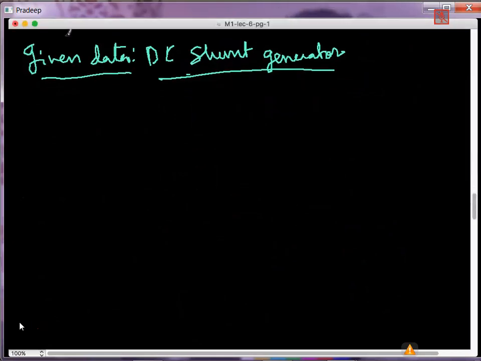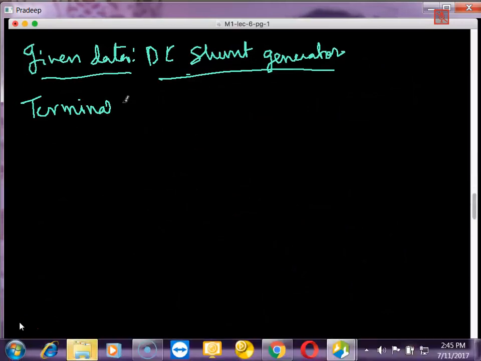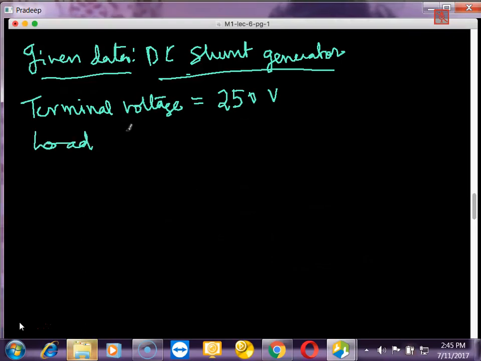Okay. So the terminal voltage is 250 volts. Next, the load current is 195 amperes. And then armature resistance and shunt field resistance, so RA and RSH.